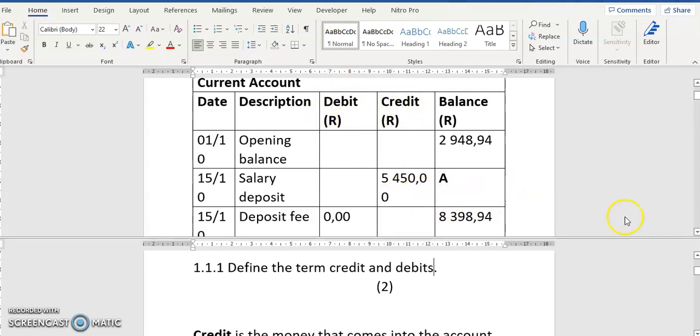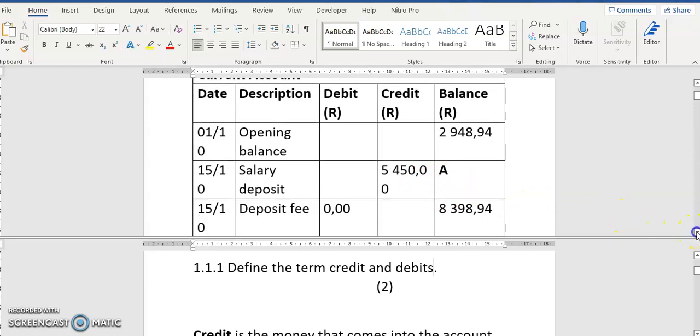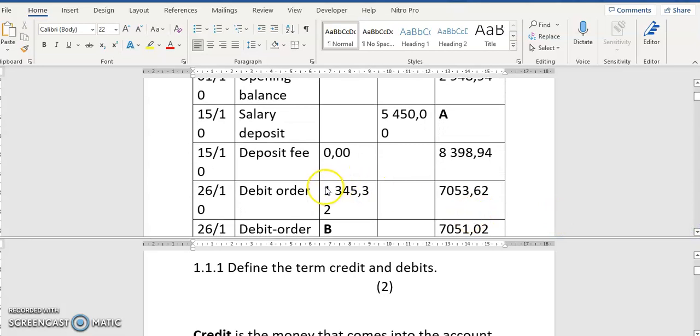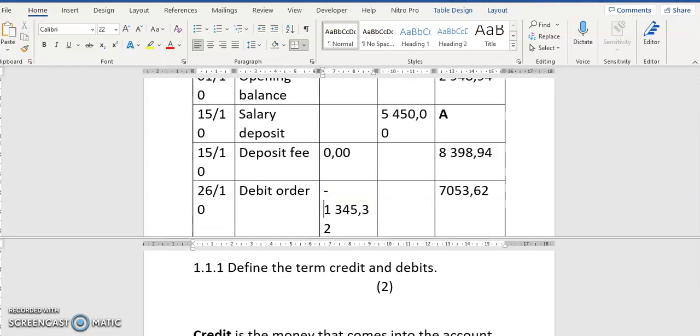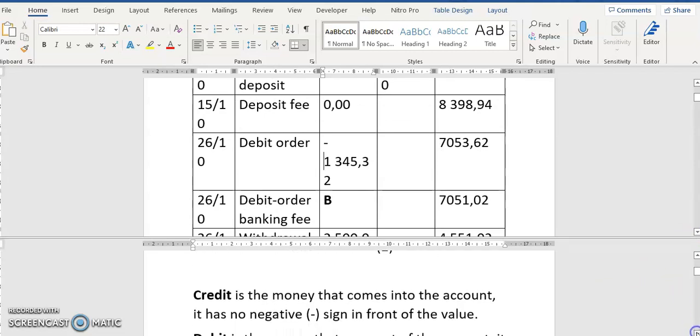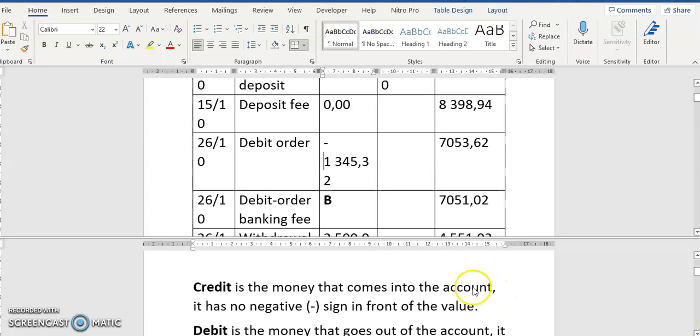Now let me put minus here. How are we going to define that one? What we need to do is, credit is the money that comes into our account.